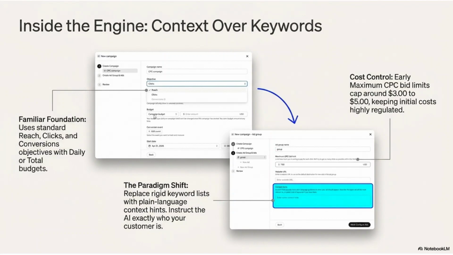So in the budget, we have the campaign total budget and the campaign daily budget, right? We need to select whatever we need, and also the start date and end date. Within the ad group level settings we are able to see the ad group name we need to give, and the maximum CPC bid limit, how much we are willing to pay. So don't blindly rely on the recommendations.